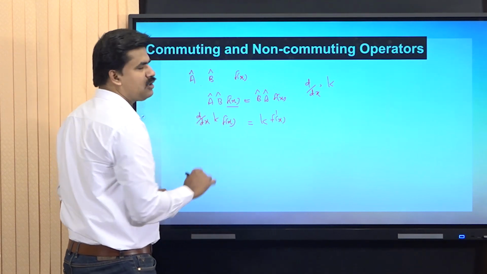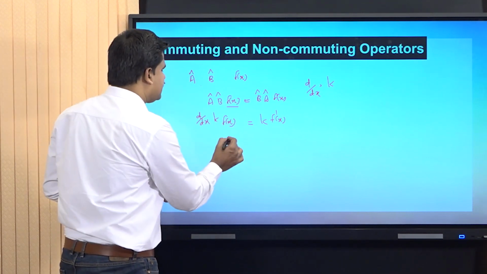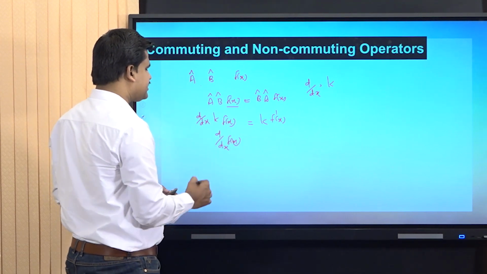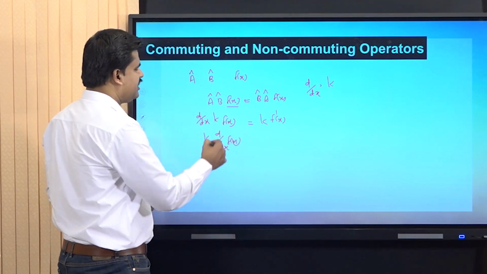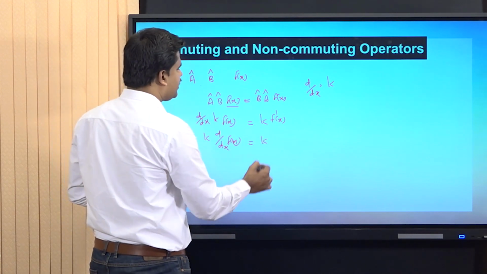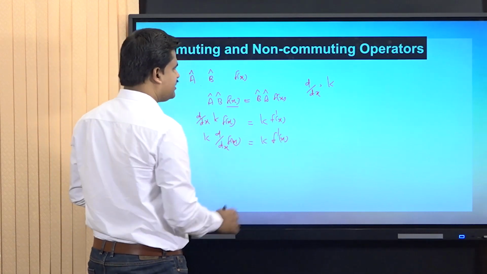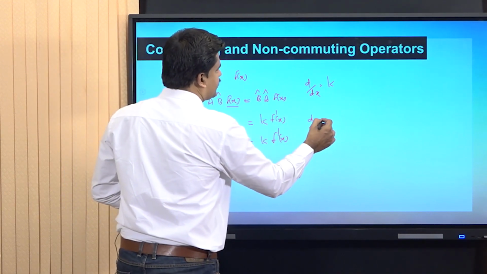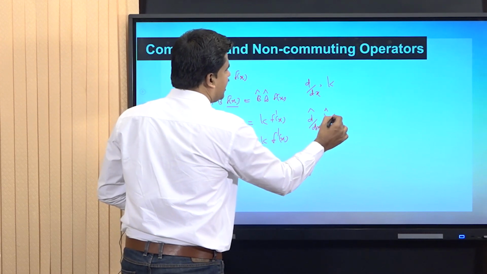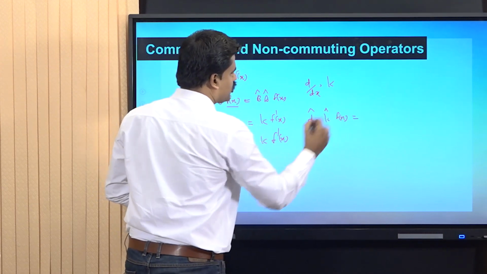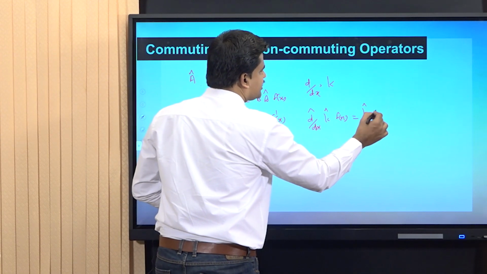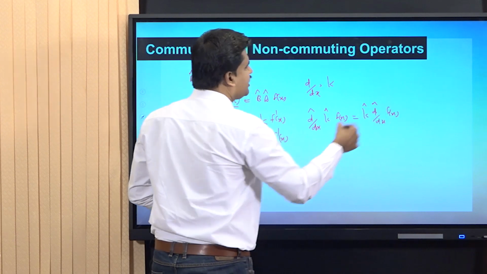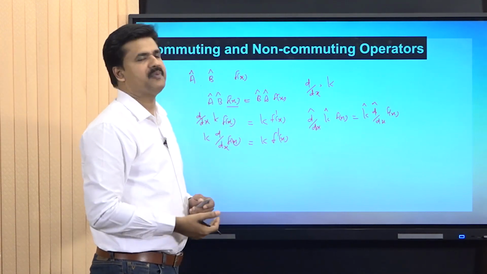Then I take the opposite order: first I differentiate f of x with respect to x, then I multiply with k. The result is also k times f dash x. That is, d/dx k̂ f(x) = k̂ d/dx f(x). I am using hat to distinguish the operators.